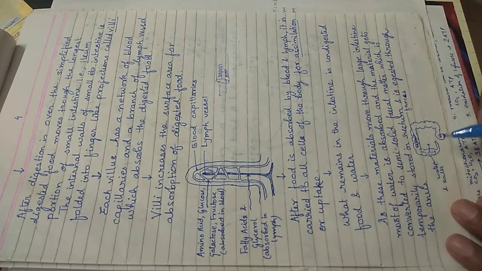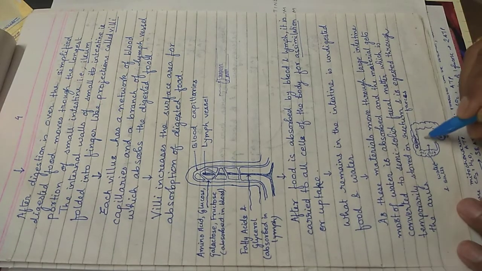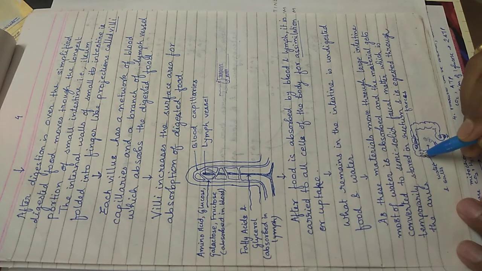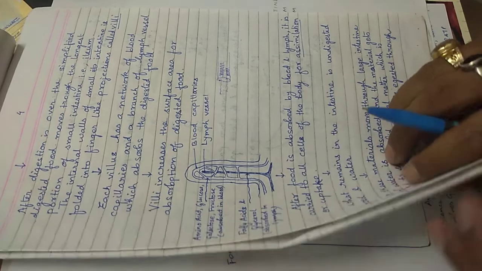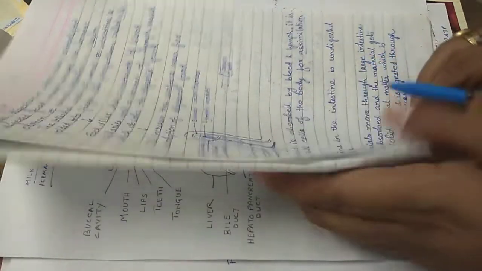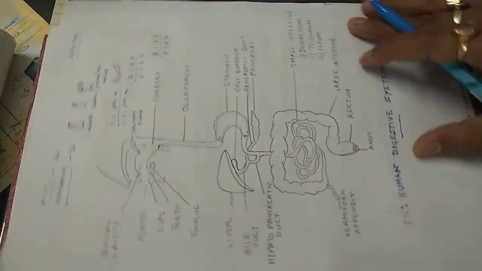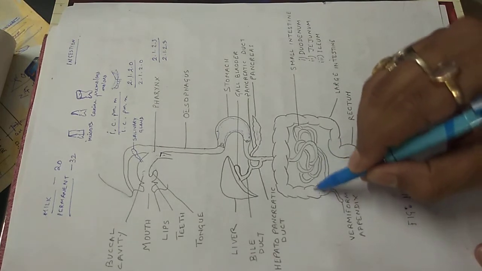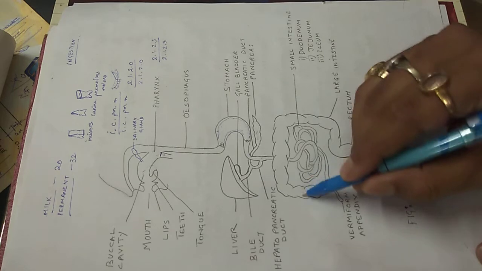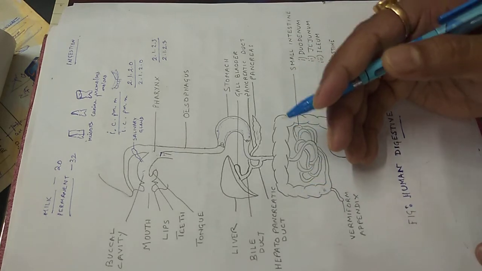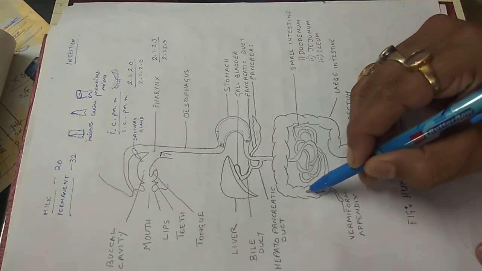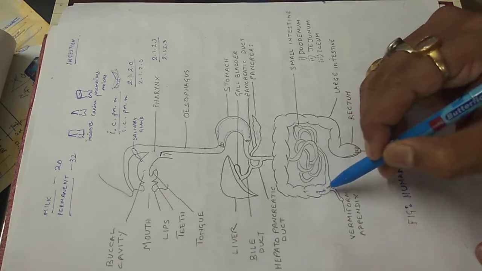So from the small intestine, the large intestine begins. If you look at the diagram of the digestive system, you will find that the undigested food and water, which is a kind of semi-solid slurry, will start slowly moving upwards, much against gravity.